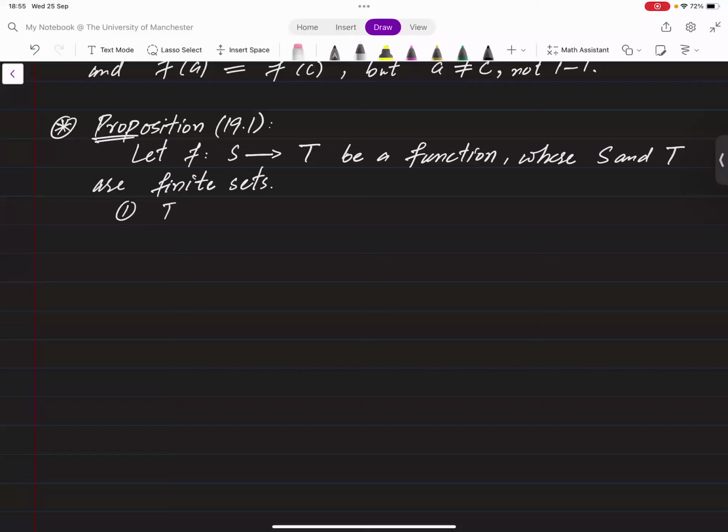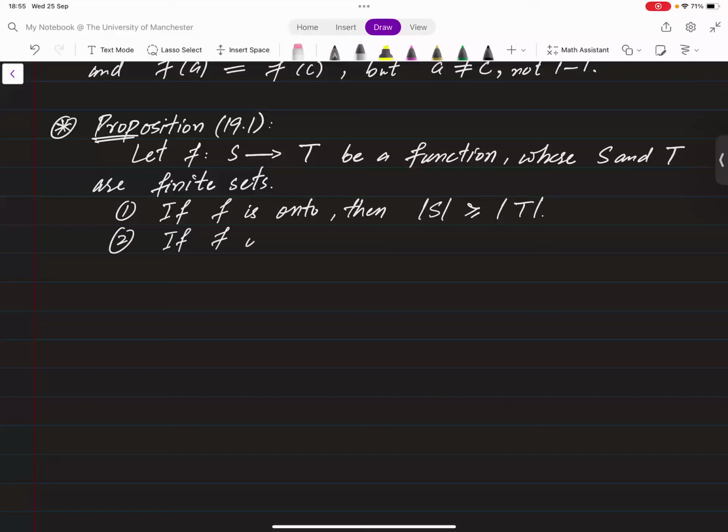Number 1, if f is onto, then order of S is greater than or equal to order of T. Okay.